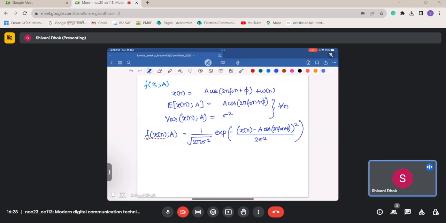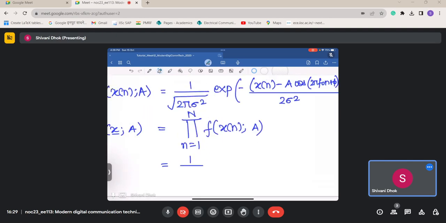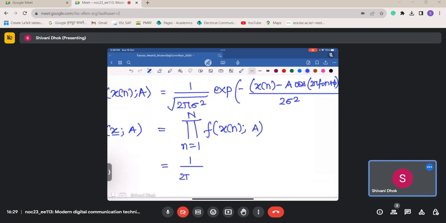And your f of x given A will be the product for n ranging from 1 to capital N of f of xn given A. Let me write this step by step.